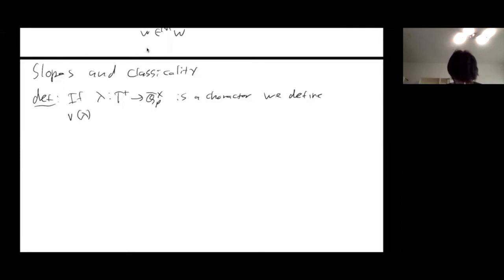We want to take the valuations of the U_p eigenvalues and view that as a rational character of our torus, just by the formula that if you pair this valuation with a co-weight mu, that's equal to the valuation of lambda of mu of p.